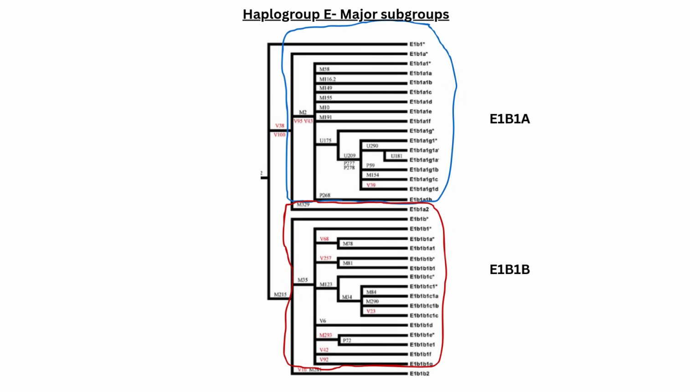But whenever you look up Y haplogroups of major populations, you tend to find reference to E1B1A or E1B1B when it comes to haplogroup E, because back when most of the DNA studies of paternal lines within various population groups were done, the DNA tests weren't specific enough to show what's called your terminal haplogroup.